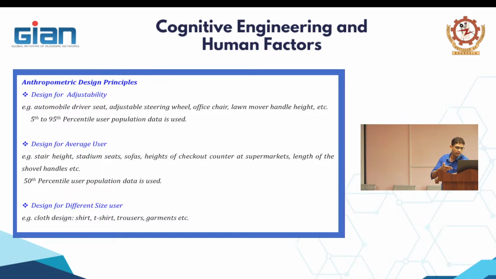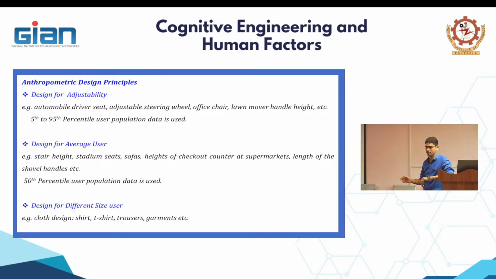Then design for the average user. As I told, some economic parts come into the category of adjustability. So in general we design for the average person when we do not know what the population size is, whether we should design for maximum or minimum, and cost is such a big parameter that we cannot go for adjustability.